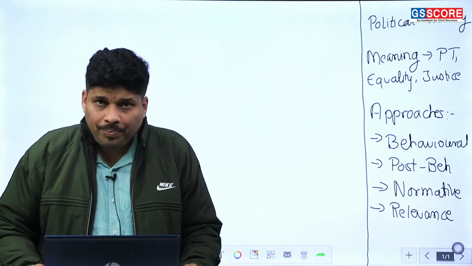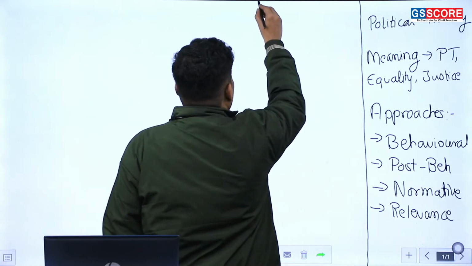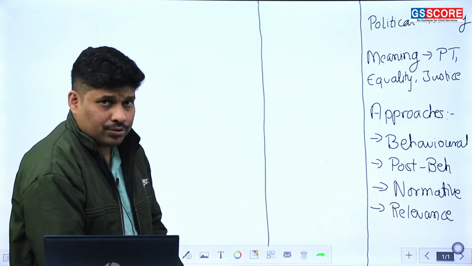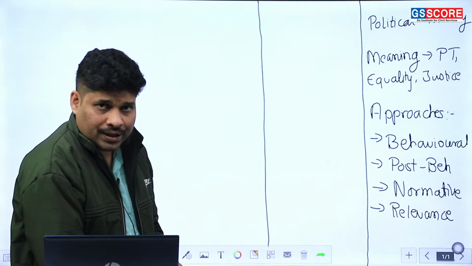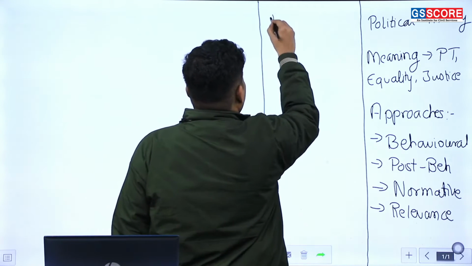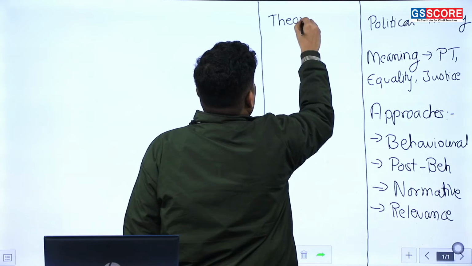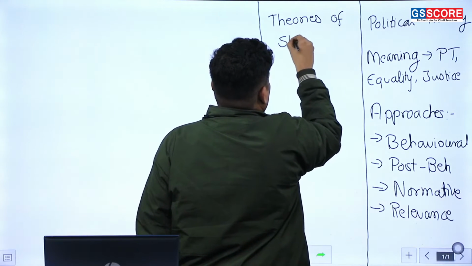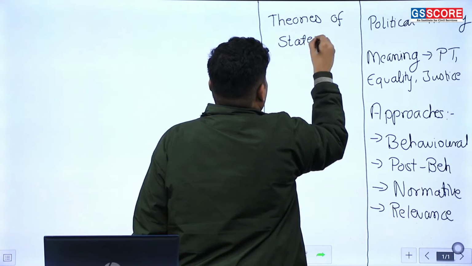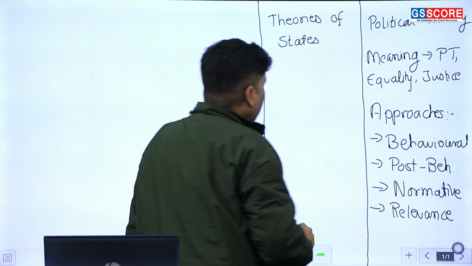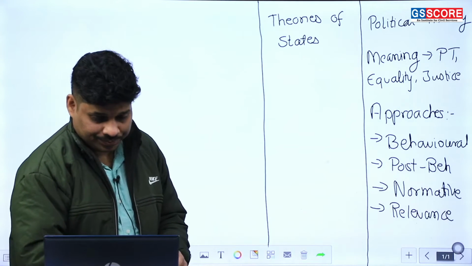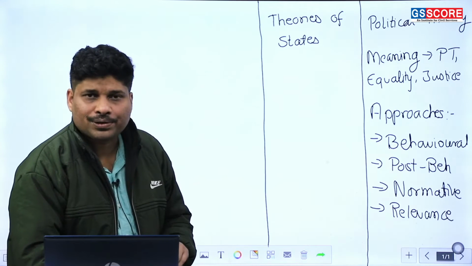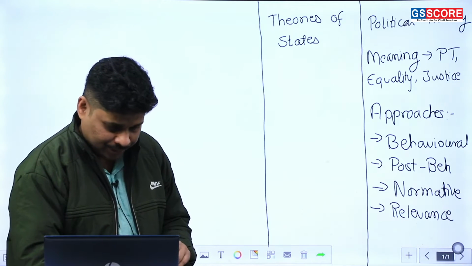All right. The second topic that we will be taking into consideration and having an overview of is theories of state. When it comes to theories of state, what does UPSC expect from you?